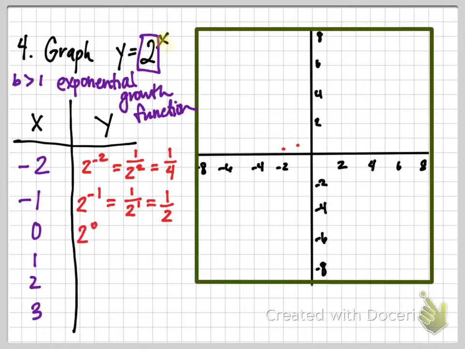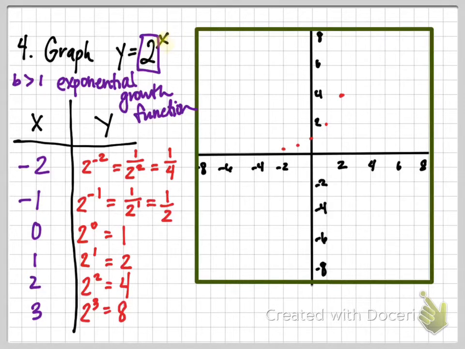2 to the 0 power is just 1. So put a point at 0, 1. 2 to the first power is 2. 2 squared is 4. Plot a point at 2, 4. 2 cubed is 8.